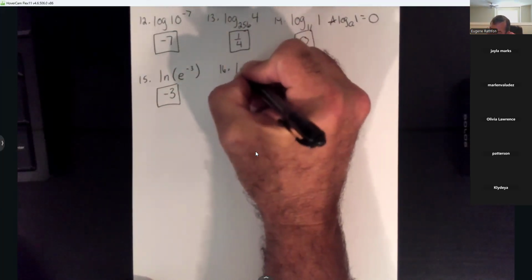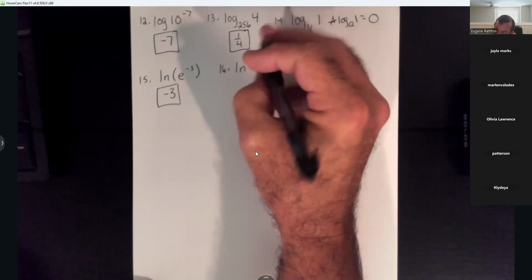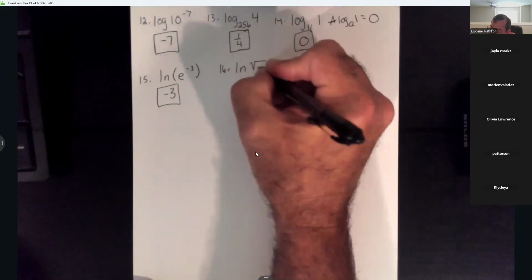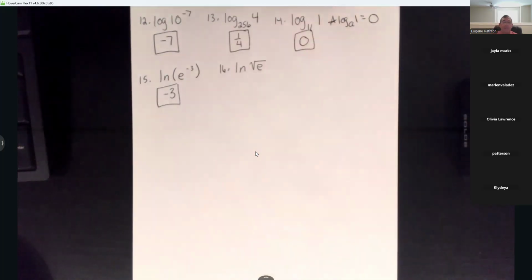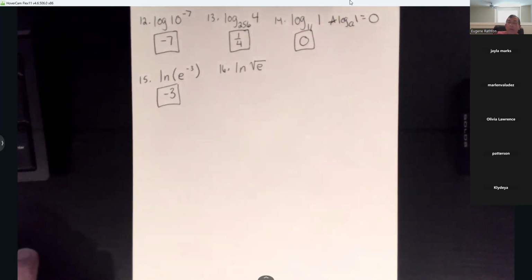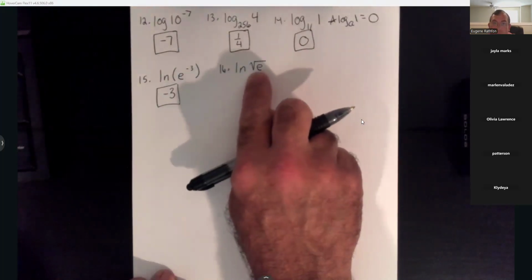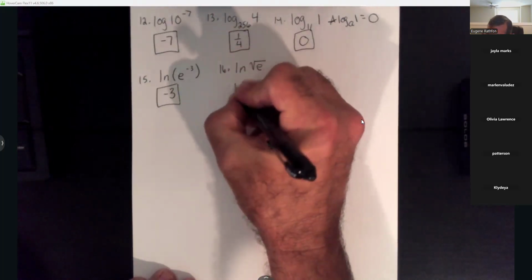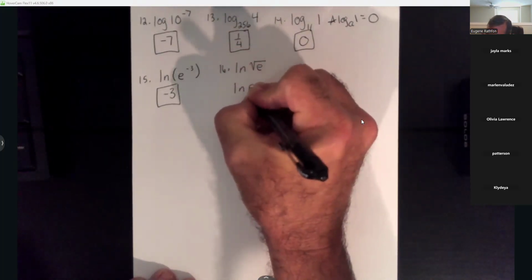How about the ln of the square root of e? So y'all, you can punch that one in on the front. But remember that square root. Oh, let me go back real quick. So if you was wanting to turn the square root into an exponent, you would have e.